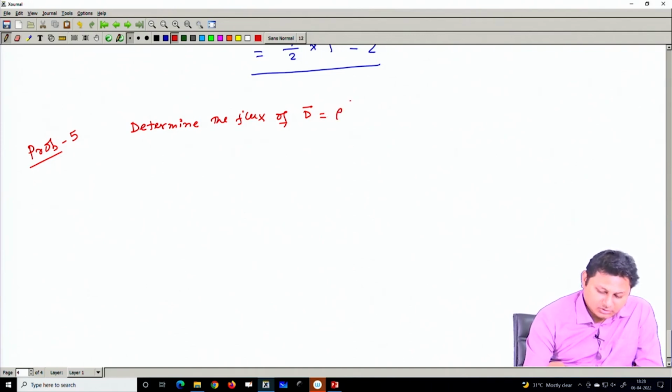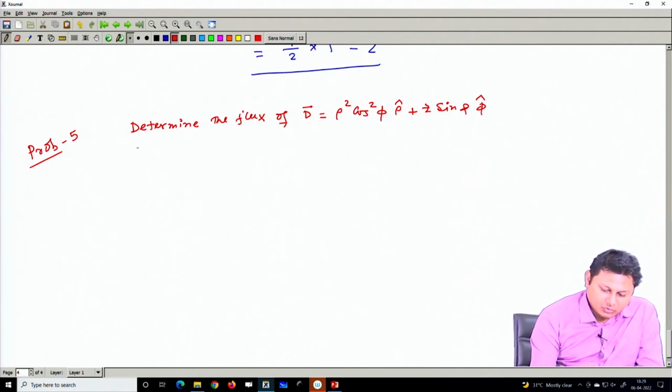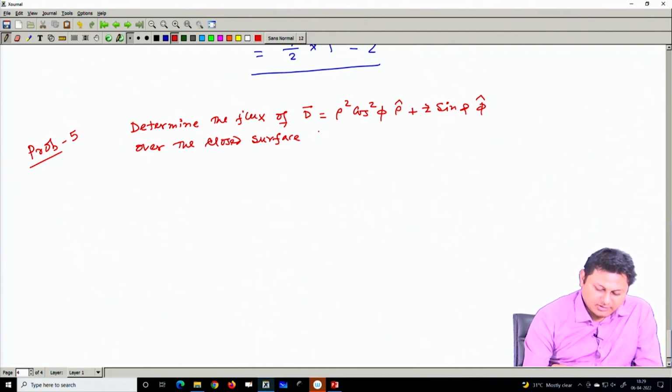Note it, rho square cos square phi rho unit vector plus z sin phi phi unit vector over the closed surface of the cylinder.